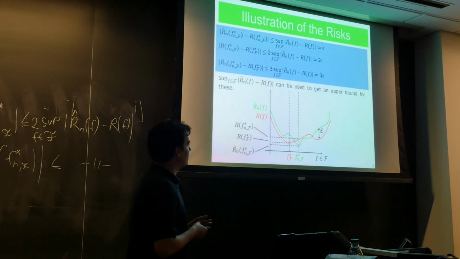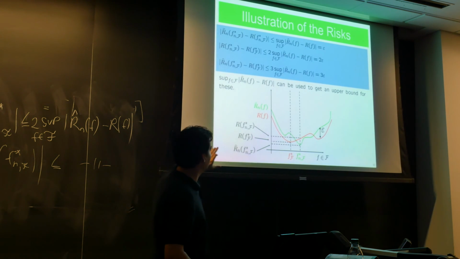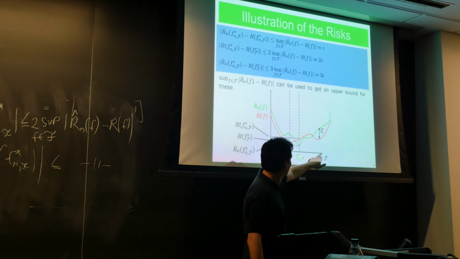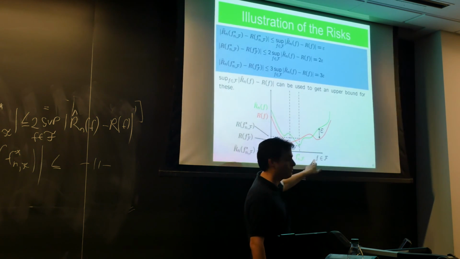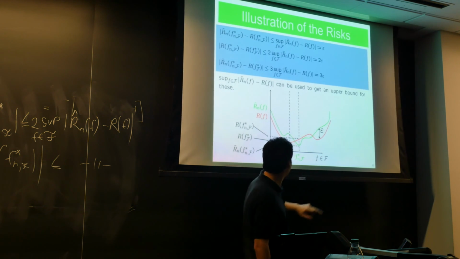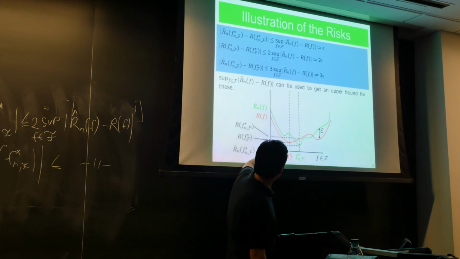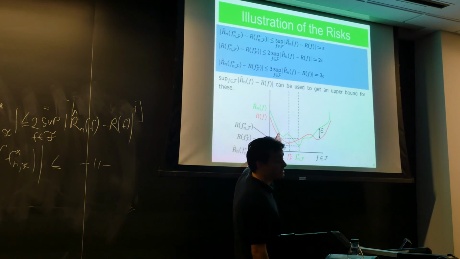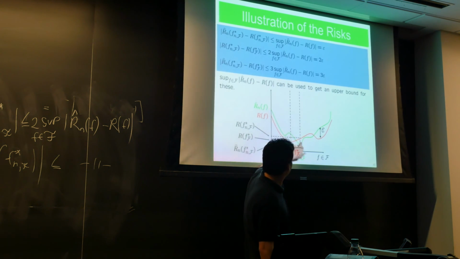All right, and I will close with this, just another illustration of what we do. So this is the function class. Each point is a function in this function class that you defined, F. For each point, it has a true risk, that's the red curve. For each point, it has an empirical risk as well, that's the green curve.